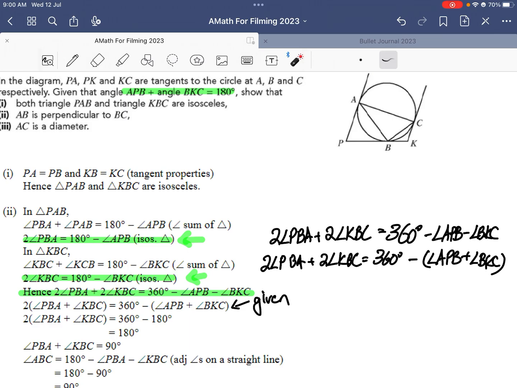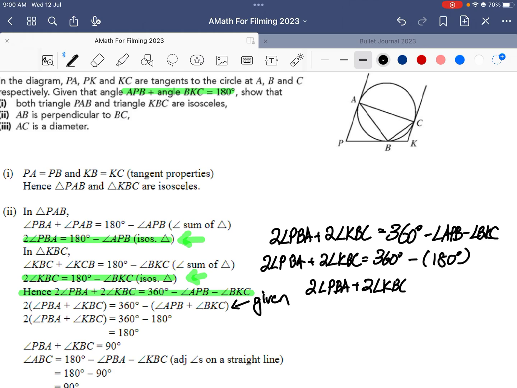Now, what is so special about this? APB plus BKC is given from above, that is equals to 180 degrees. So I can actually cancel this out and write that this is equals to 180 degrees. Hence, 2 of angle PBA plus 2 of angle KBC is equals to 180 degrees.